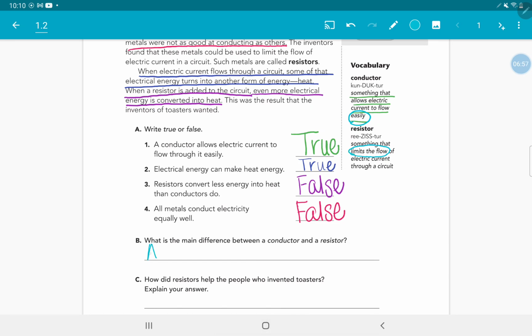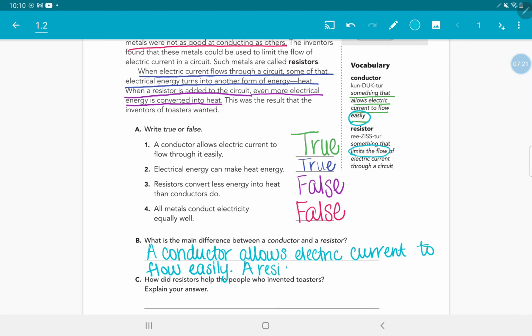So we could say something like a conductor allows electric current to flow easily. A resistor limits the flow. If it's limiting it, what's it doing? It's stopping it from going any higher. Yeah, it's stopping it or slowing it down.